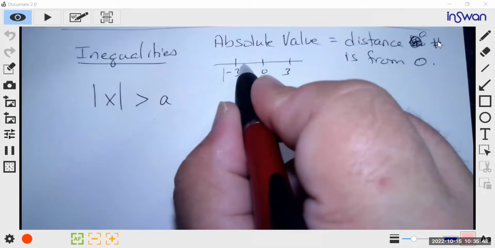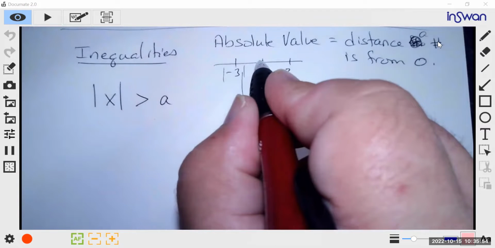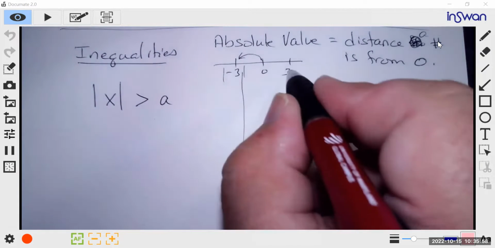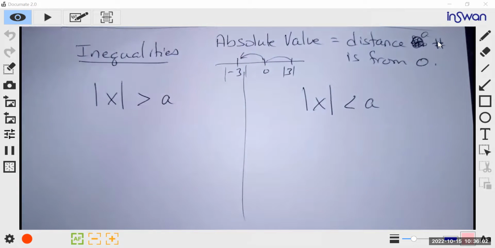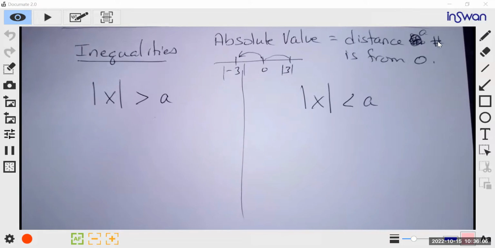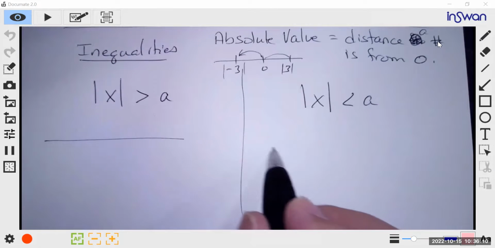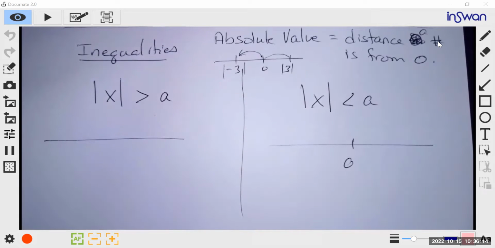So the absolute value of -3 is what? 3, because -3 is 3 spaces to the left of 0. The absolute value of +3 is 3. It's also 3 spaces from 0, just in a different direction. So it becomes much easier when we look at it that way.